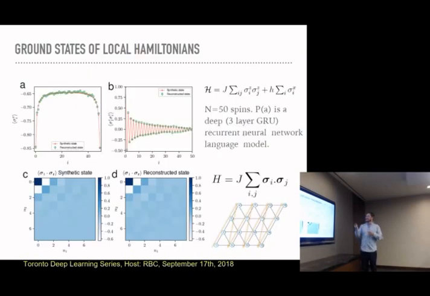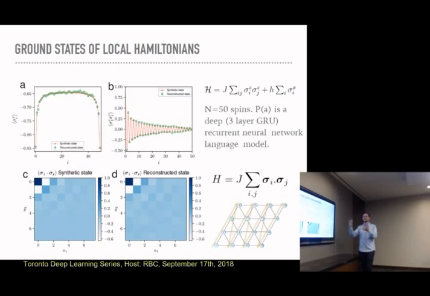Finally, let me show you the same reconstructions for ground states of local Hamiltonians. This is what you see in real life, right? Because life is governed by a local Hamiltonian. So these are two paradigmatic systems. One is the transverse-field Ising model with 50 qubits.